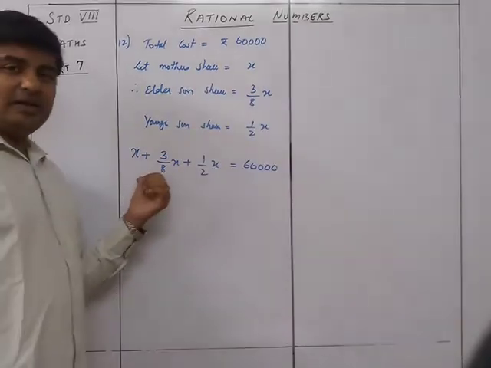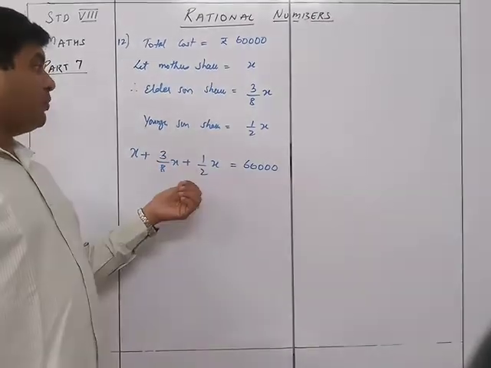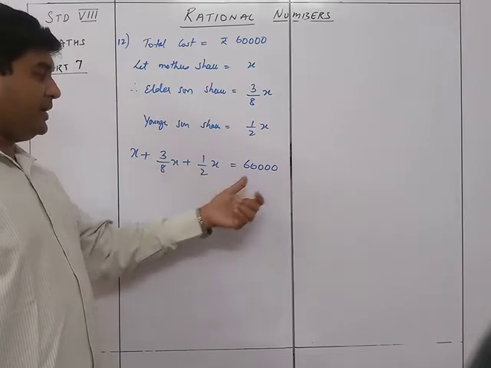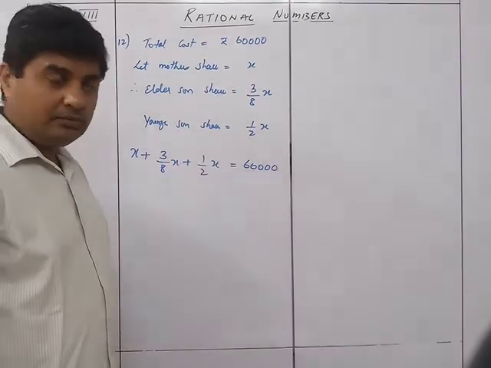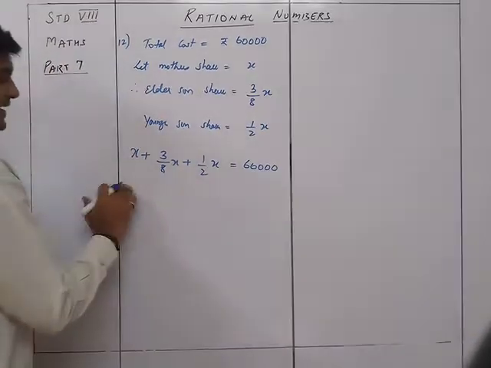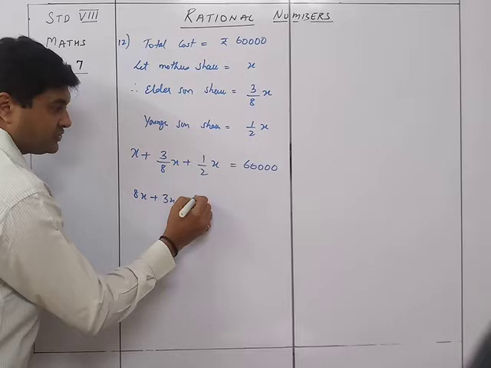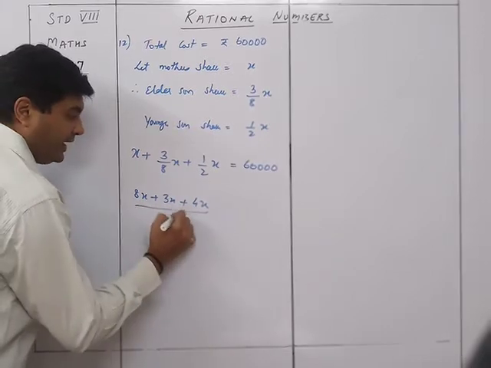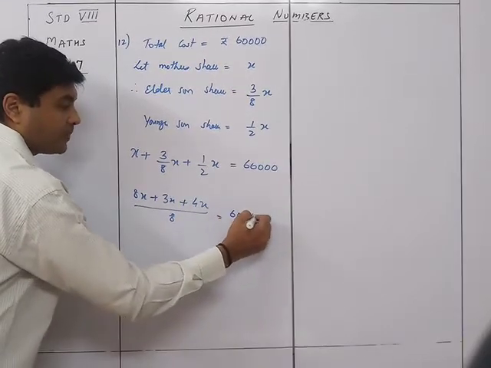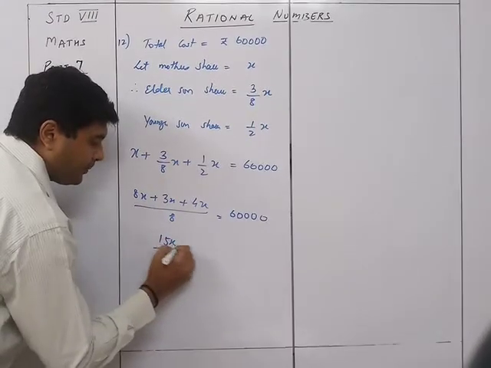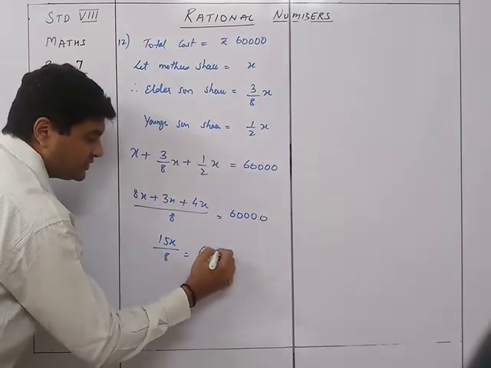Whatever mother gave plus 3/8 of the mother's share and 1/2 of it, all together will total to 60,000. So the LCM over here is 8, so that gives me 8x plus 3x plus 4x upon 8 is equal to 60,000. Therefore this is 15x upon 8 is equal to 60,000.